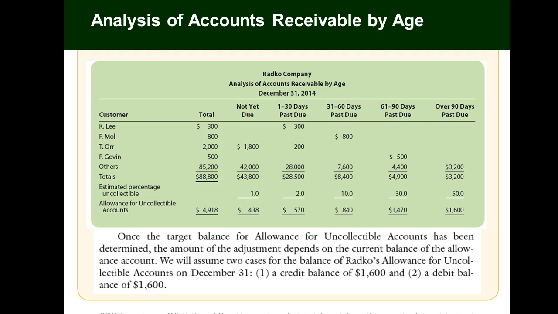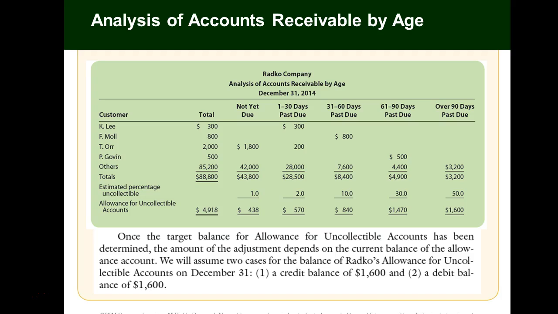We will assume two cases for the balance of RADCO's allowance for uncollectibles. First one, we're going to say, prior to determining this, that RADCO has a credit balance of $1,600. Then we're going to do a scenario where they have a debit balance of $1,600.